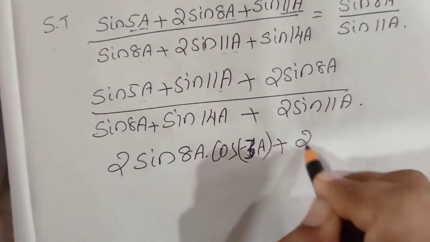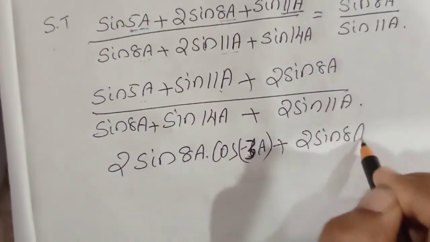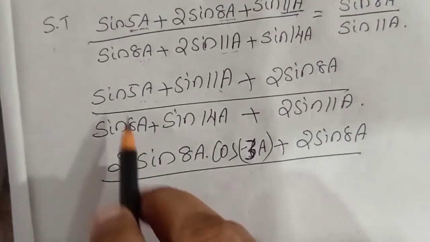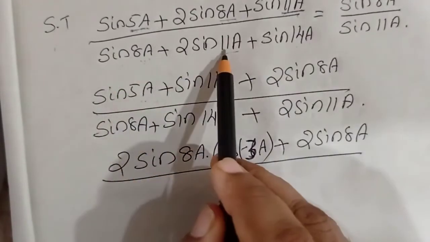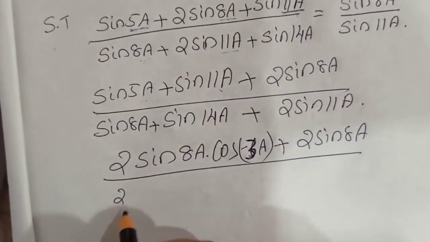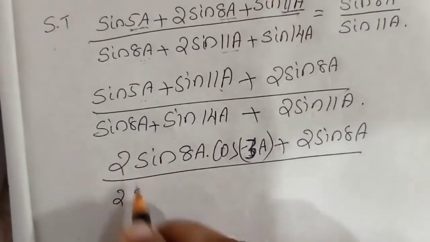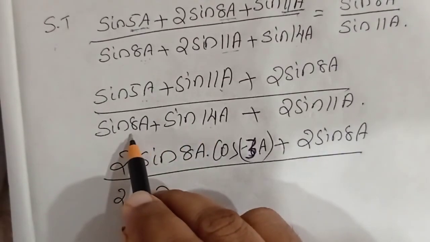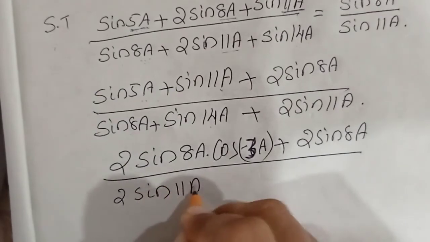Plus this 2 sin 8A, the whole by, right, the denominator also sin C plus sin D. 2 sin, what is the answer? 14 plus 8, 22, 22 by 2 is 11A.